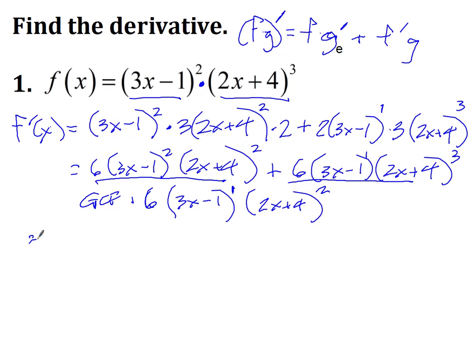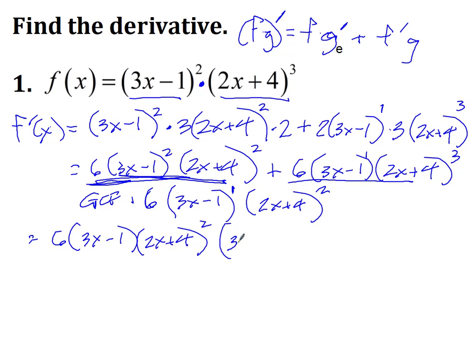Now I'm going to put this greatest common factor out front, and divide each term by it. When I divide the first one by the greatest common factor, the 6's cancel out and the (2x + 4) squared cancels out.